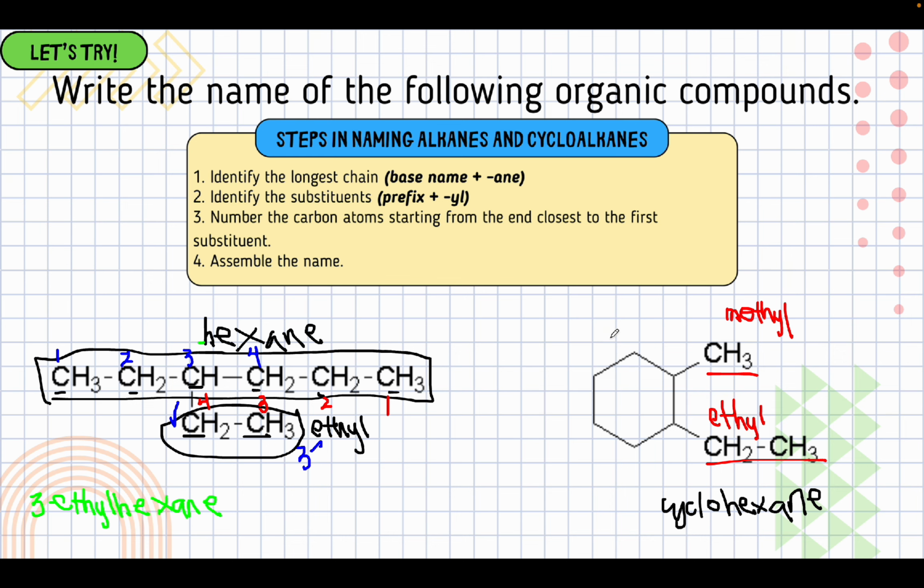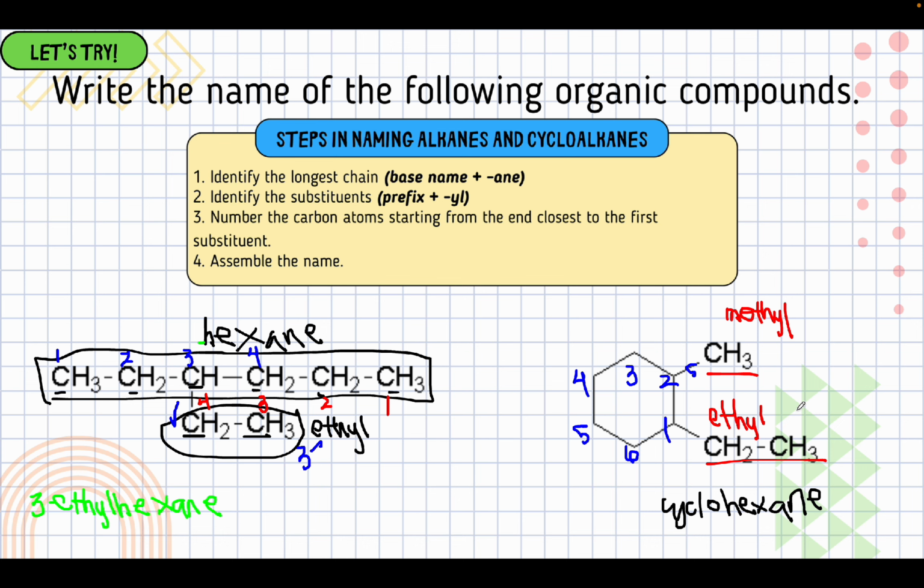And then we number the carbon atoms starting from the end closest to the first substituent. Since ethyl has more carbon atoms, it has more priority, so we count from here 1, 2, 3, 4, 5, 6. Again, we can't go clockwise because this would have a number 5.